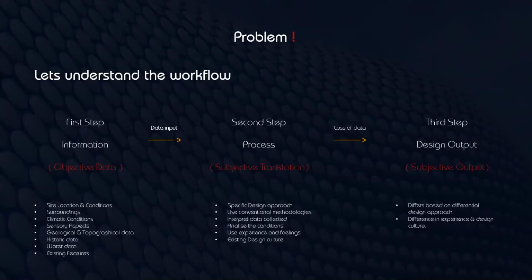But when we move to the second step, we generalize this data according to the specific site on which we are working, and we do not use the specific objective data that we collected in the first step to give a design output.